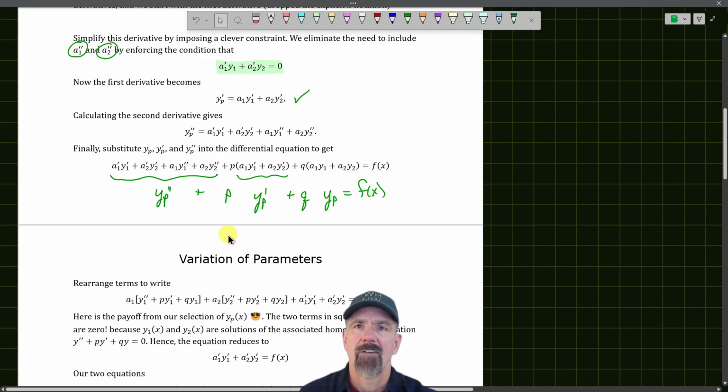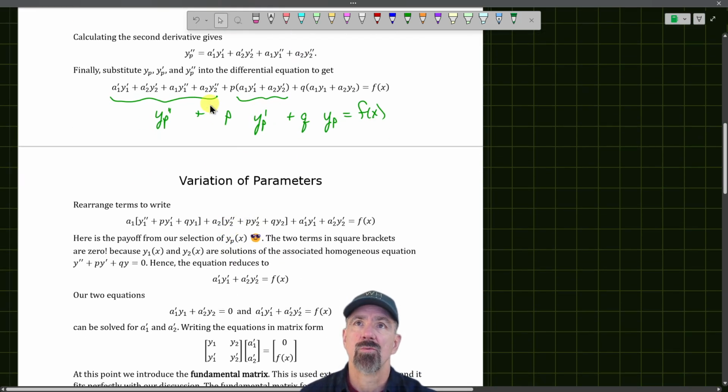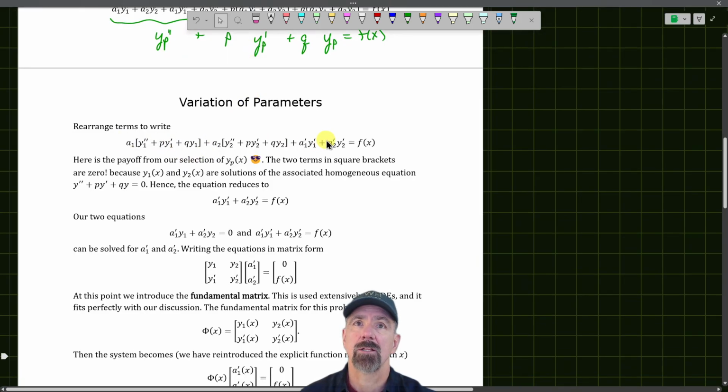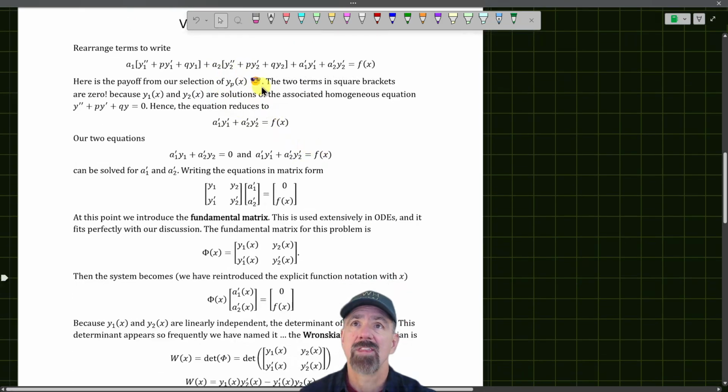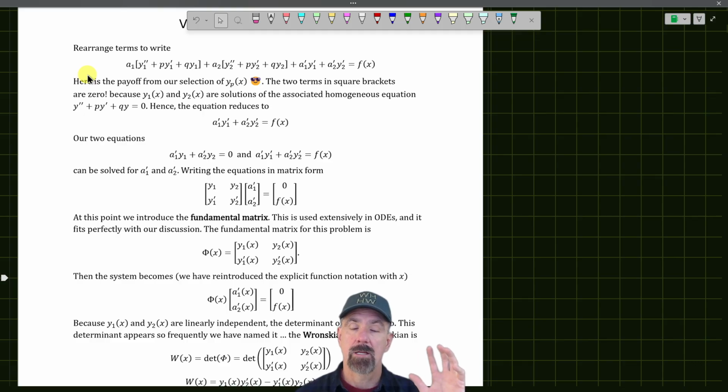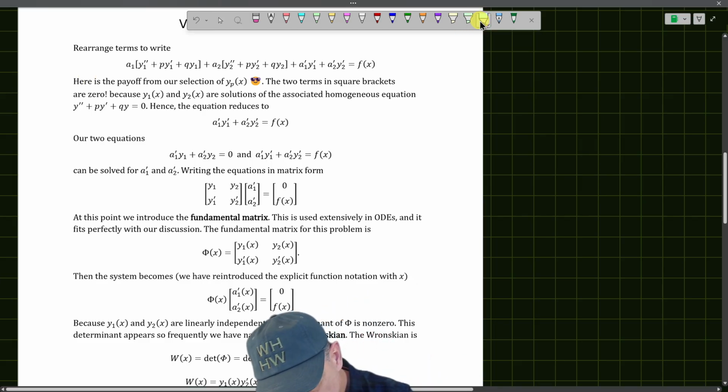And now what we have is a little bit of algebra to rearrange these terms and make it look like this right here. And then it's at this moment that we see the payoff for the way in which the variation of parameters is actually working out. Because we have guessed our particular solution based upon the solutions that build the complementary solution, the y1 and y2, we can see the following.